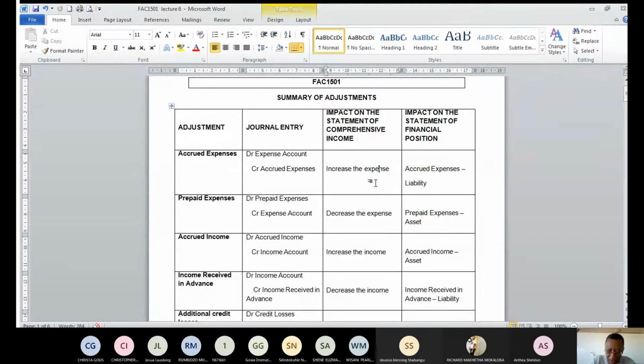But the total expense for the year is now 200,000 plus the 10,000, and therefore your expense for the year is 210,000 Rand. So the adjustment will mean that you will have to increase your expense. And in your statement of financial position, accrued expenses is part of your current liabilities.